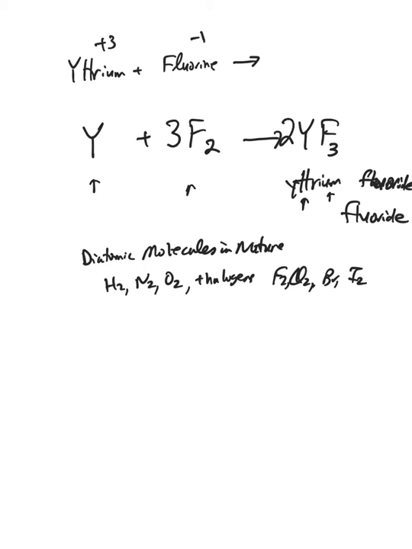So now we've got 6 fluorines on the reactant side and 6 fluorines on the product side. We've got 2 yttrium on the product side. To make the reactant side balance, we've got to put a 2 in front of the yttrium. And so now everything's balanced. So that's how we go about making yttrium fluoride, and we could call this a combination reaction.